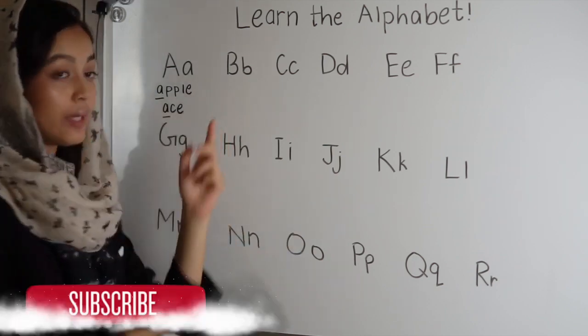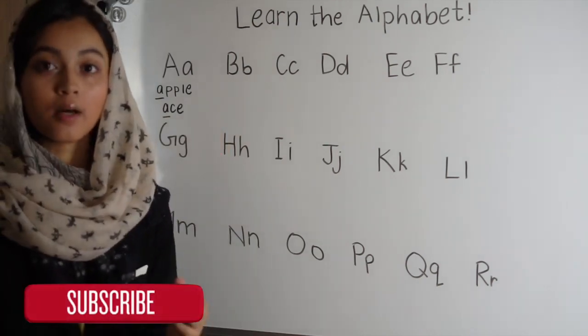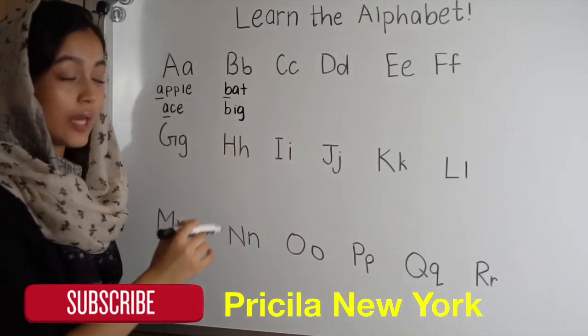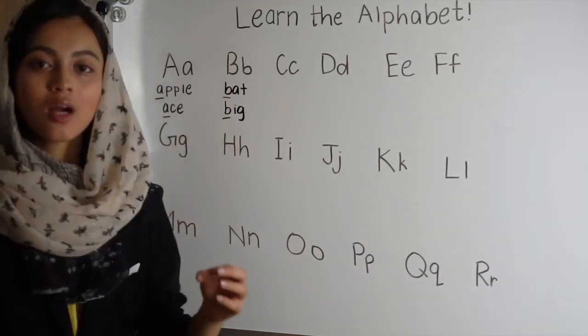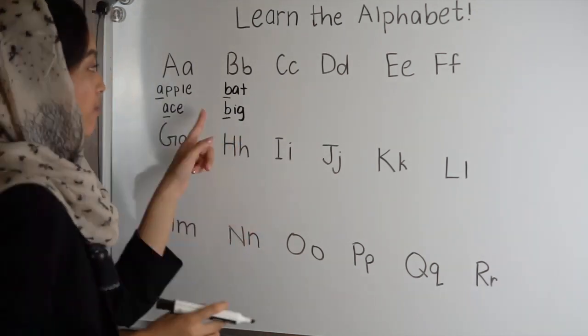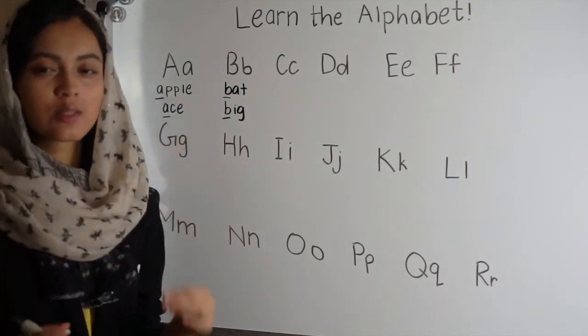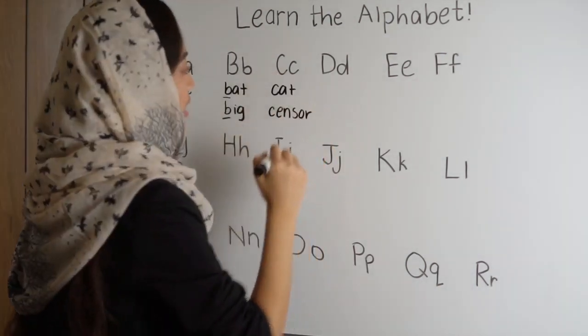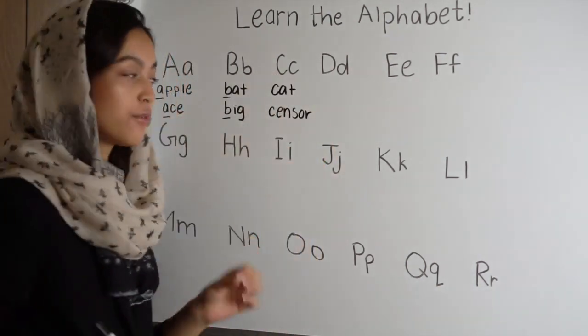Now we move on to B, B, bat, B, and big, B. There's not really a difference in pronunciation of the letter B in most words. It's pretty much just the B. Now C is a little bit confusing.